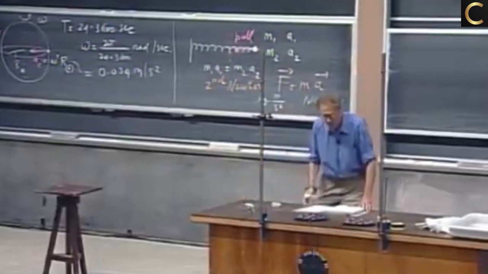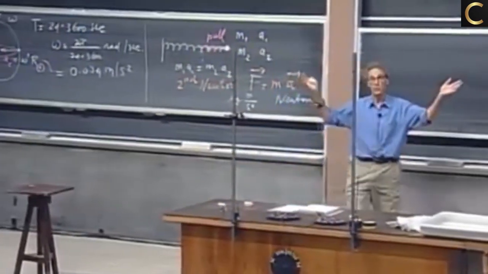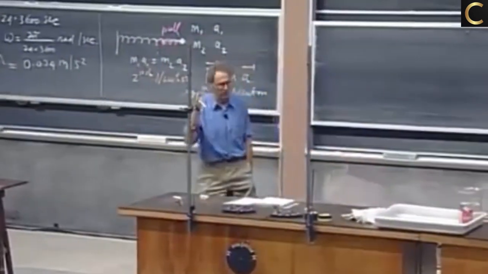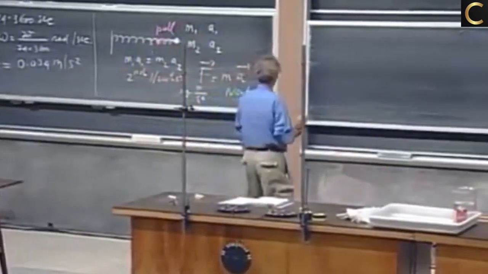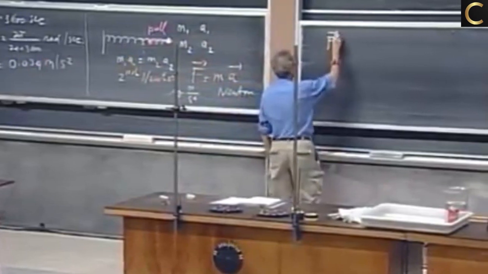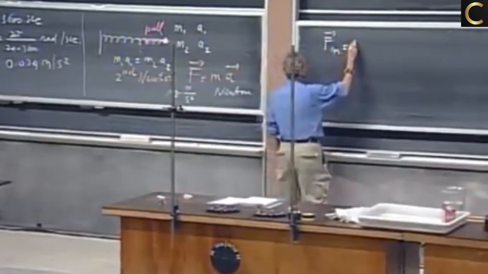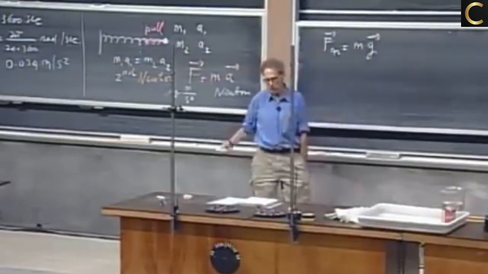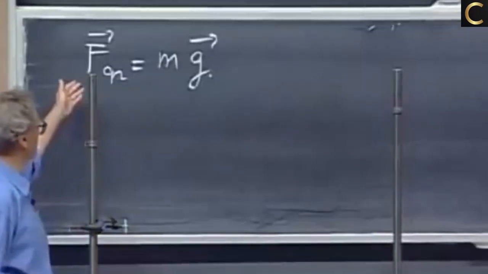Since all objects in this lecture hall and near Earth fall with the constant acceleration, which is g, we can write down that the gravitational force would be m times this acceleration g. I would normally write an a for it, but I make an exception now because of gravity.